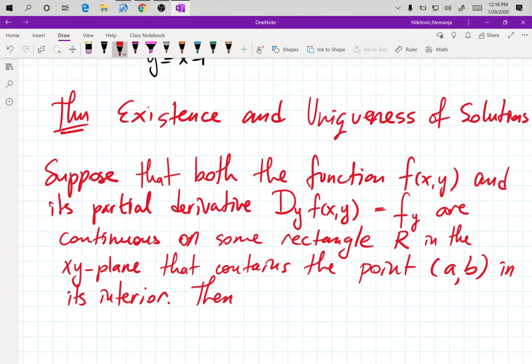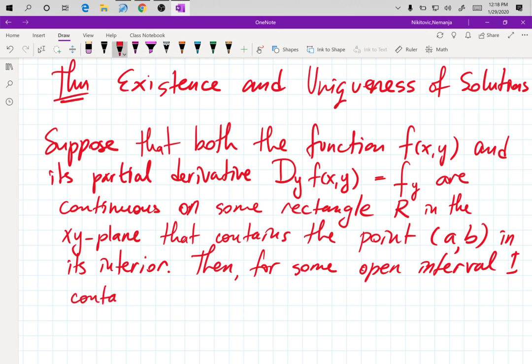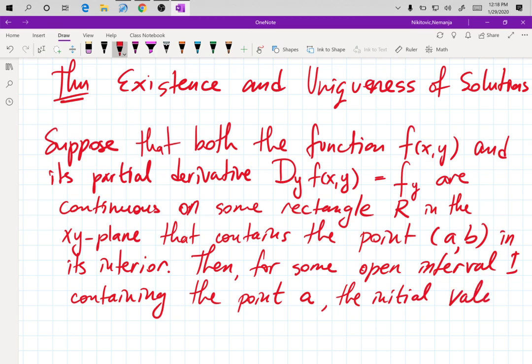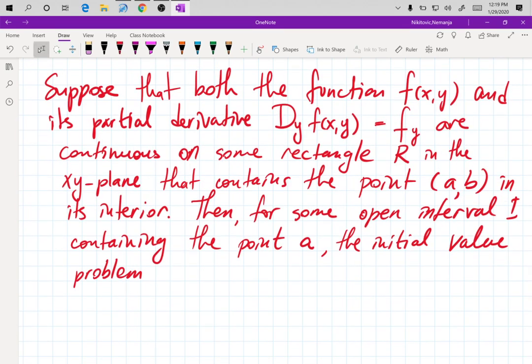Then, for some open interval I containing the point a, the initial value problem dy/dx equals f of x y with initial point y of a is b.